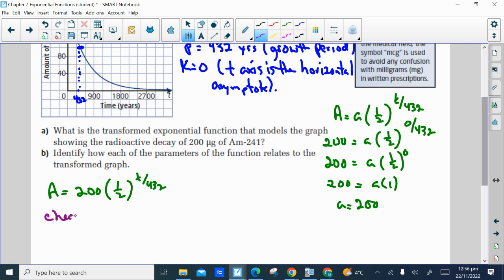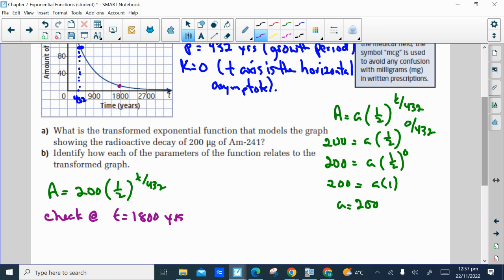So let's check at T equal, let's say, 1800 years. When we look at our graph, 1800 years is right there. The amount remaining is just below 20. Maybe a little bit closer to 20 than it is to 0.